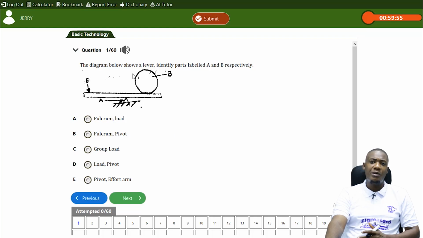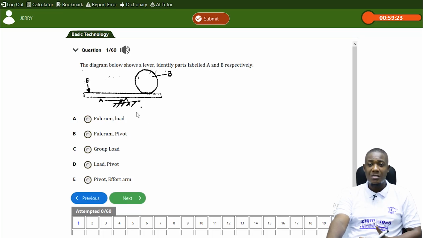The diagram below shows a lever. Identify parts labeled A and B respectively. So, this part labeled A, if this is a lever, let's see. Option A, the fulcrum and load.